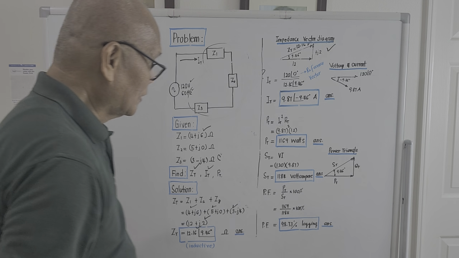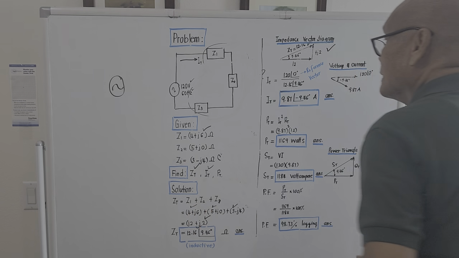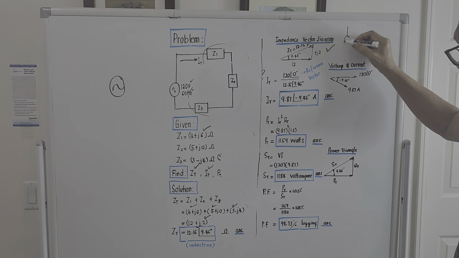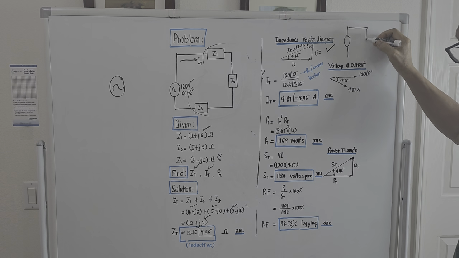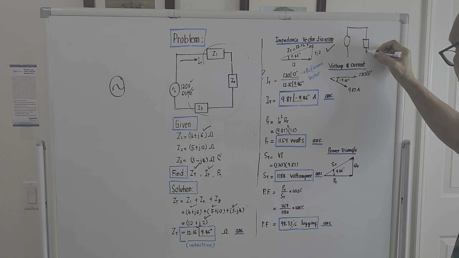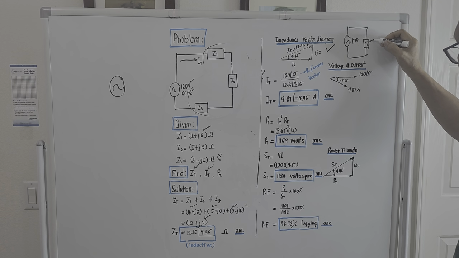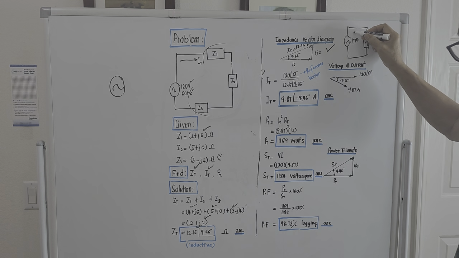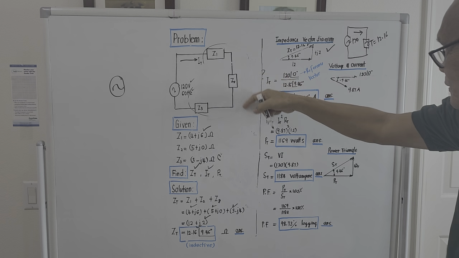Okay? What's next? For the total current, so it seems we are now given a power source and we are given a single impedance now. This is 120. This is Z total, 12.16. Okay? And it's just a simple circuit now because we take the summation already, right?